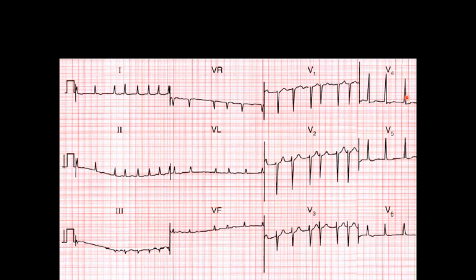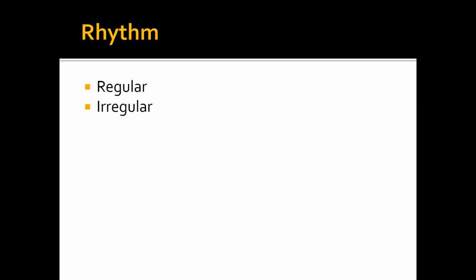Now multiply this 21 with 6 and you will get the heart rate in 60 seconds. That will be your heart rate of this ECG. So 21 multiplied by 6 is 126. So 126 is the heart rate for this ECG.